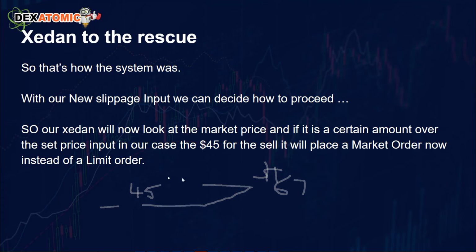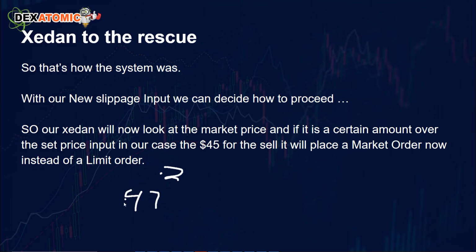When it's set, in our case, at like $2 over 45, that would be 47. Anything over $47 in that profit zone would get turned to a market order. If it's at 46, it won't put a market order on, it puts a limit order on, right? So that way it would get filled at 45.